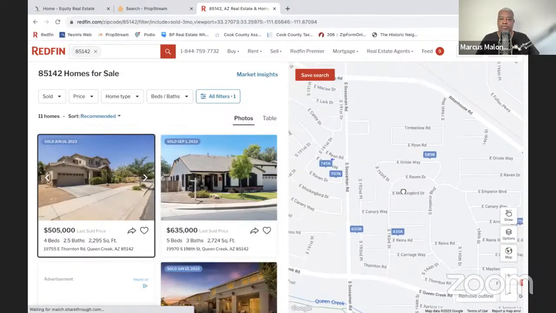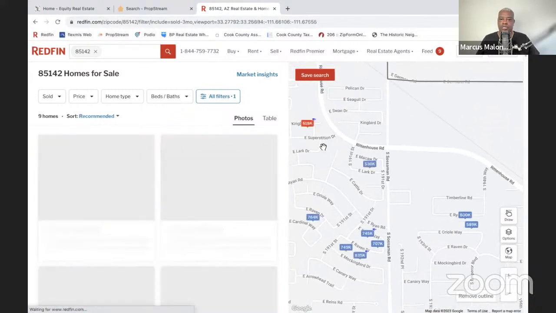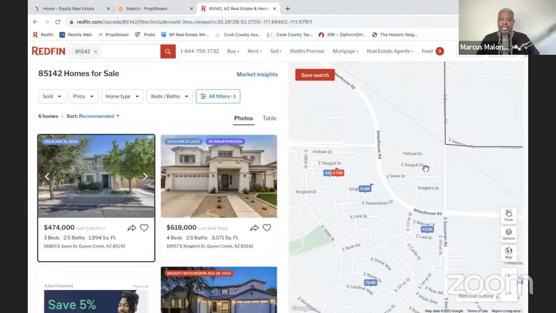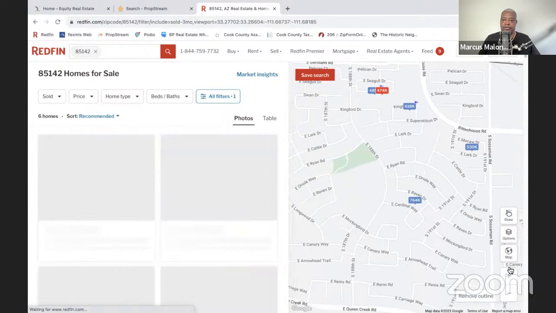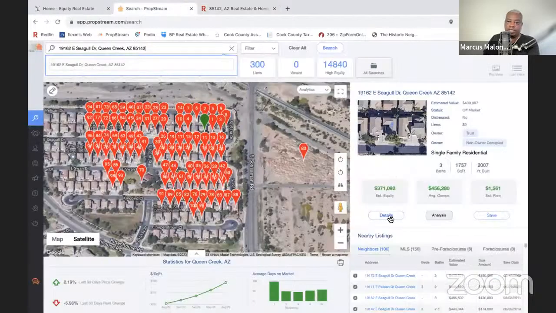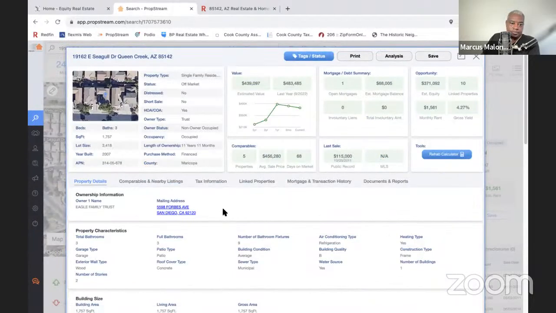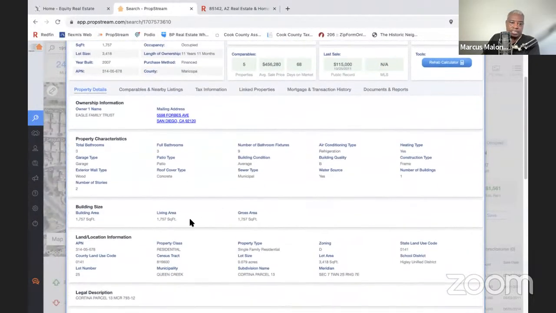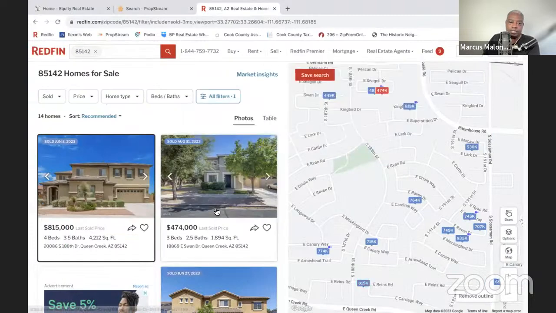Okay, remember our subject property was right in this area here. So if we look in this area and this area, we'll see what comes up as comps. Nothing here. It's 4,200 square feet. This one here, we could possibly use, 1,800 square feet. Our subject property, I believe, was 1757. So we could look at this one.